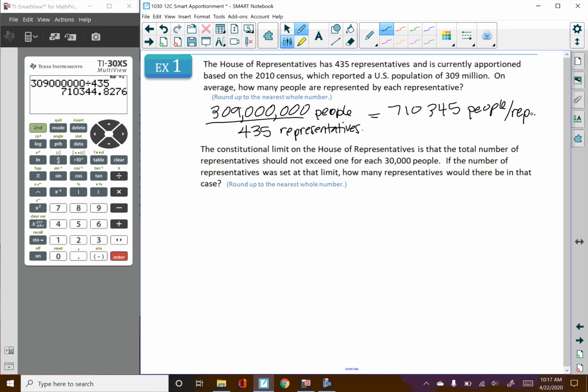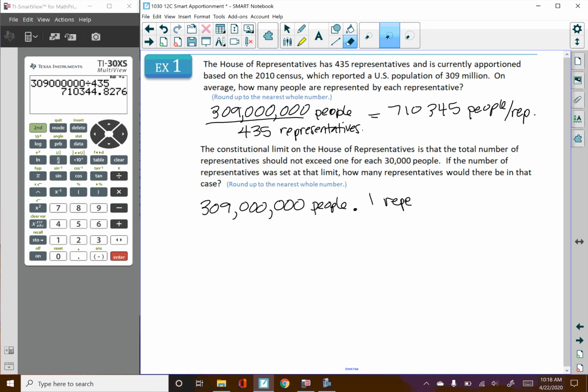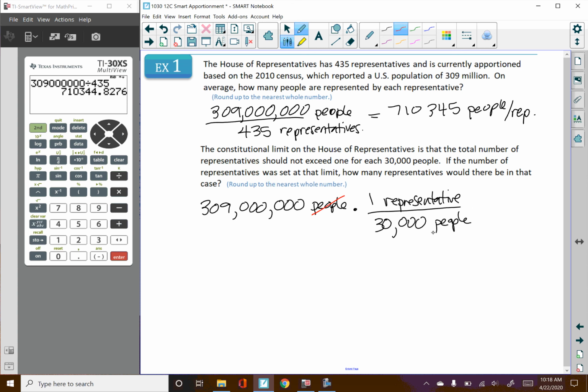If the number of representatives was set at that limit, how many representatives would there be in the House? So what we're going to do here is take our population, 309 million people, and we're going to use a conversion factor here. What if we had one representative per every 30,000 people? We'll think of that as converting from people to representatives.